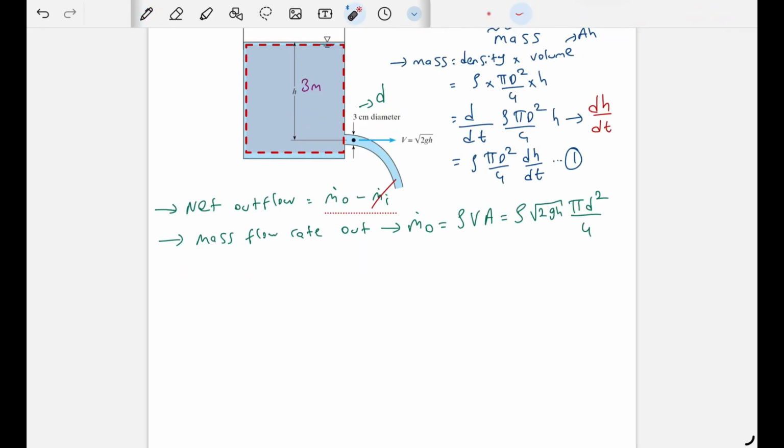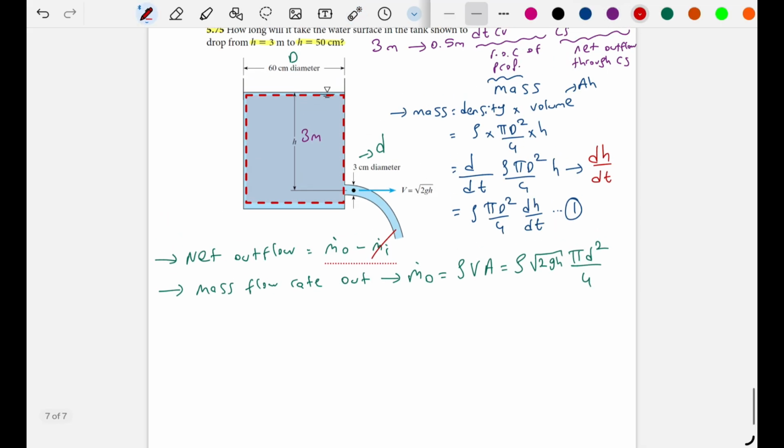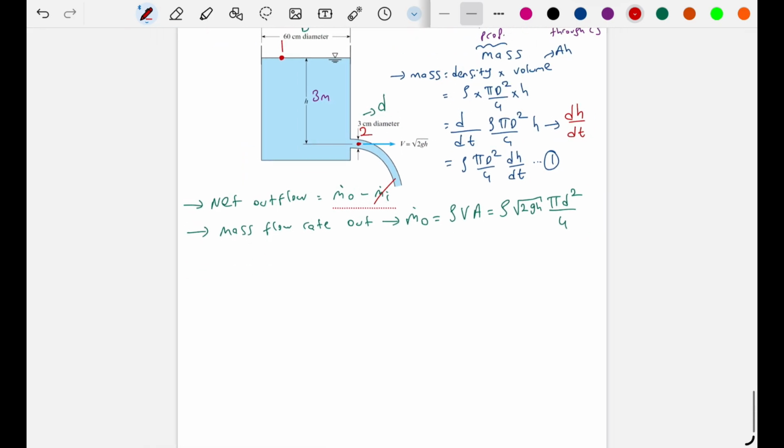Even if the velocity was not given, we can calculate it using the Bernoulli equation. So let me do a small calculation for that. For example, if we take this point and this point, let me write Bernoulli between 1 and 2.